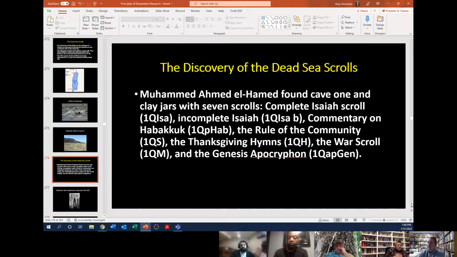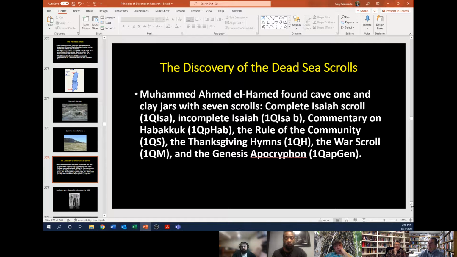All right, so I have an article which I read on the Habakkuk Pesher, and then I wrote an article on the doctrine of the Bible. That is, how did the Qumran community view the Bible?